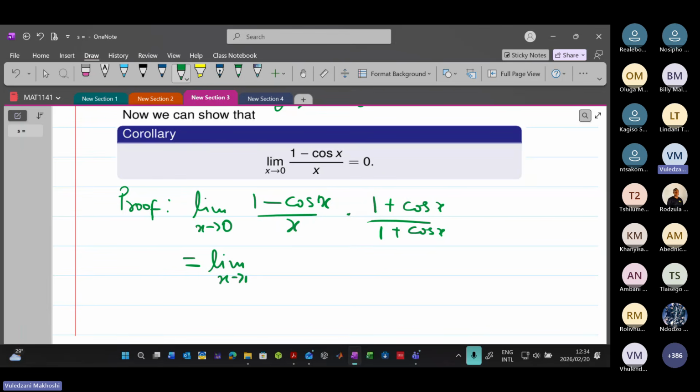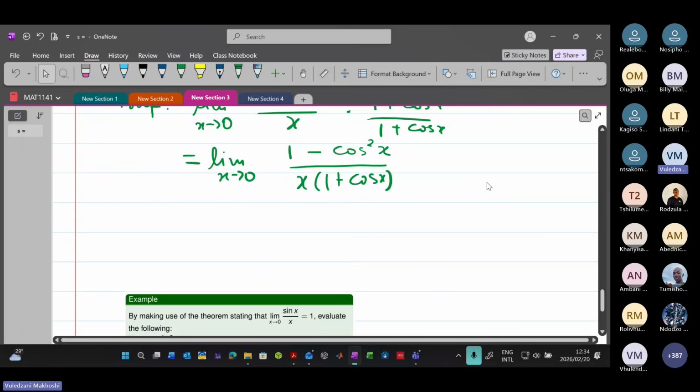This is equal to the limit as x approaches 0 of 1 minus cos squared of x. Sorry, we are not using theta here, we're using x. Over x into 1 plus the cosine of x.